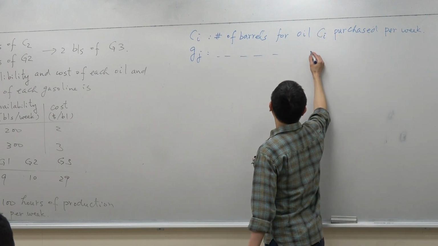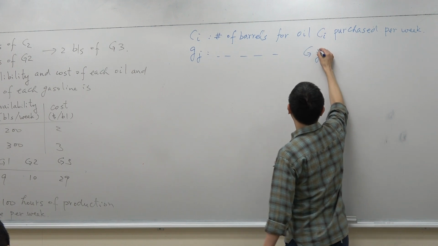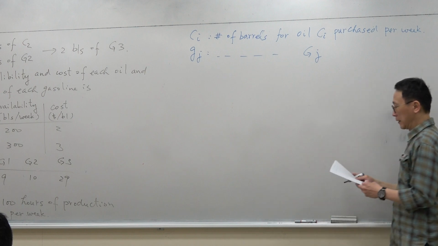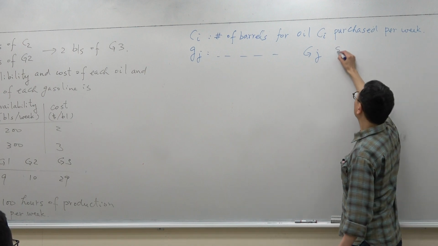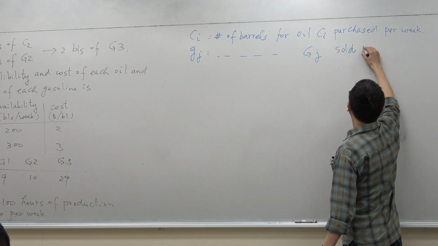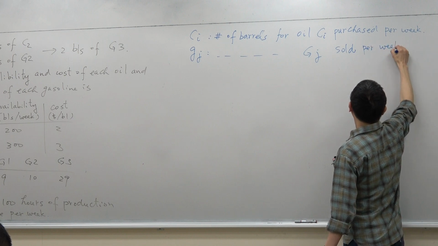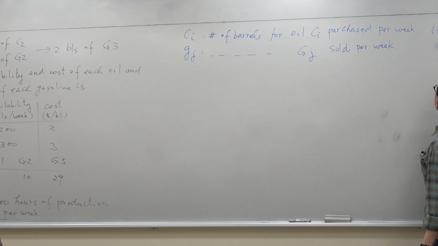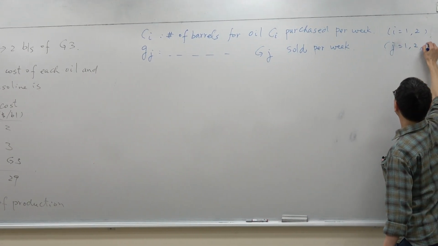And that's for G_j. So per week, here i is 1, 2, and j is 1, 2, 3.